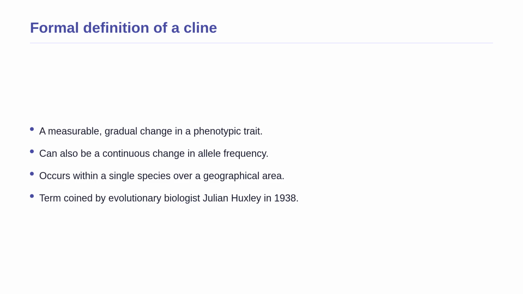The term was first coined by the evolutionary biologist Julian Huxley in the year 1938 to describe these continuous spatial patterns of biological variation. Unlike a sharp boundary, where one trait suddenly stops and another begins, a cline represents a smooth continuum. This continuum usually correlates with an environmental gradient, such as changes in temperature, altitude, latitude, or moisture across the habitat.